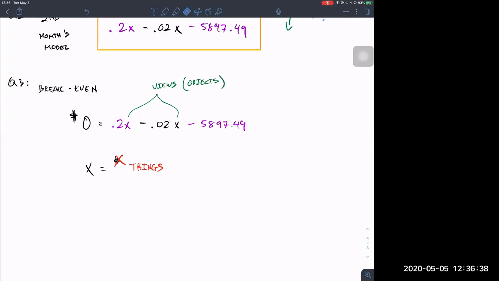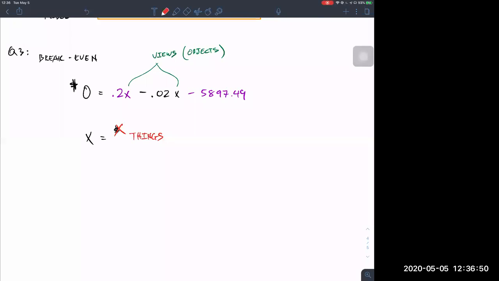Okay, and then the last one, it says that suppose business is going very well, and by the third month, they want to increase the amount made per view from 20 cents to 50 cents. How did your model change? So now they're telling you in question 4 that your views go from original or crispy.